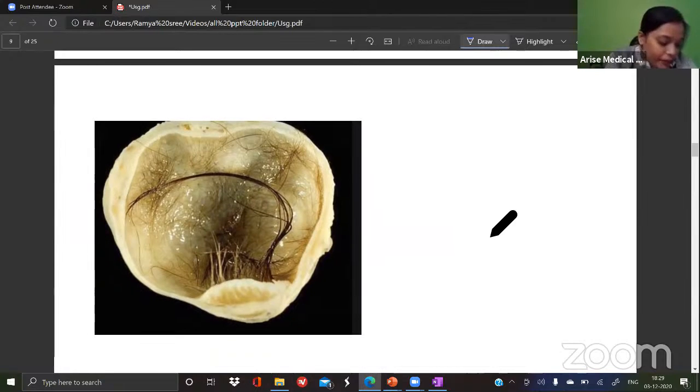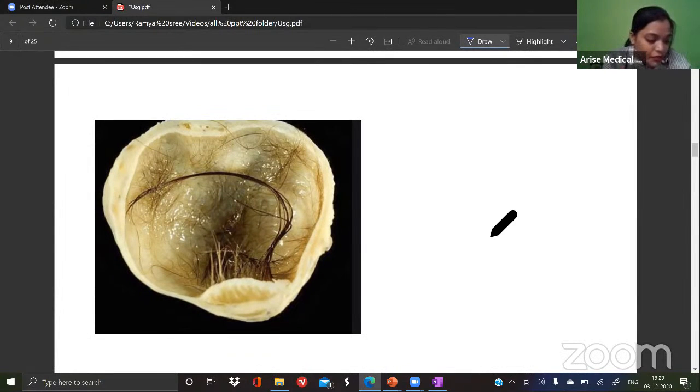What is this one? This you will identify. Many of you will answer this one. So you have the hair, sebaceous material, protuberance.